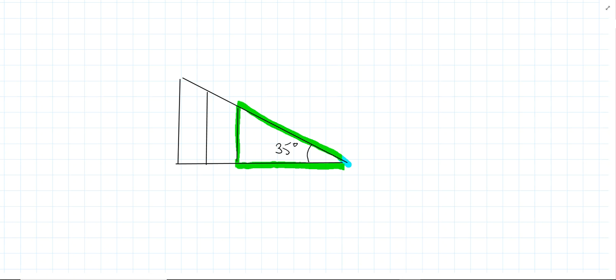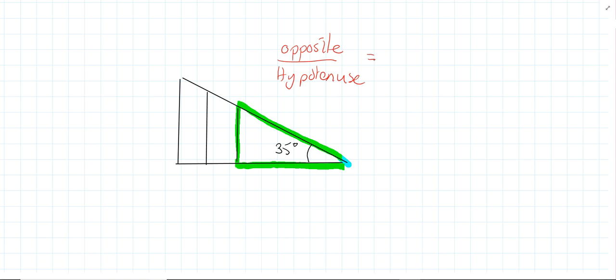of the sides. So, without even knowing the lengths, because they're all different, could you tell me what the ratio of the opposite and the hypotenuse should be? What would it be as a number? What would the opposite divided by the hypotenuse equal?